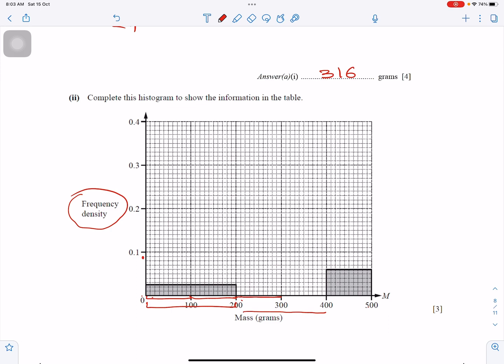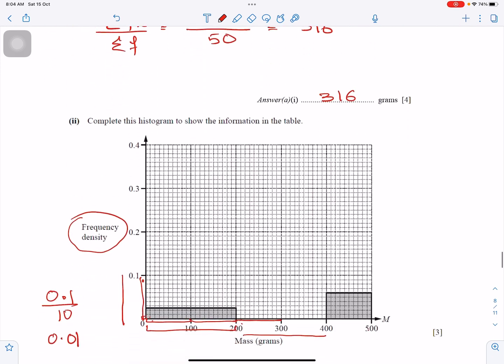What do you see? Number of boxes here. How many boxes? 1, 2, 3, 4, 5, 6, 7, 8, 9, 10. And the unit taken is 0.1. So 0.1 divided by 10 is 0.01. It means the reading of each box is 0.01. And you have to mark what? 0.09. It means it is this line.